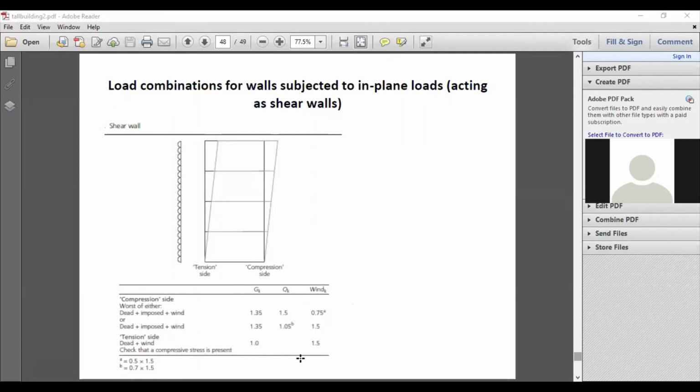And in the tension side, the worst case will happen when the wind is maximum and the vertical load is minimum. So these are different load combinations that you have to consider when you do a 3D model.